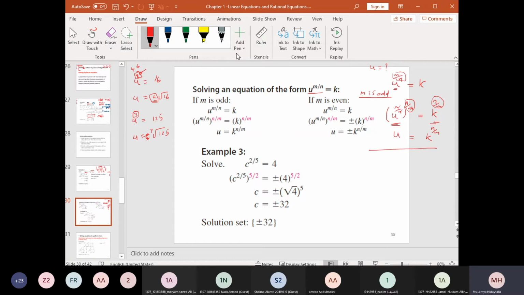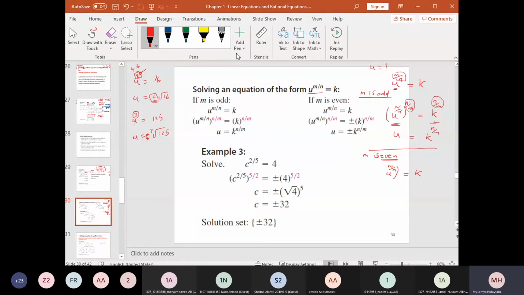What if m is even? Now the case if m is even number. So what we do? The problem was u to the power m over n is equal to k. So we want to find u is equal to what?